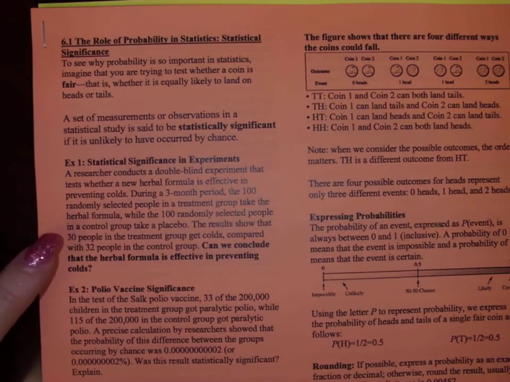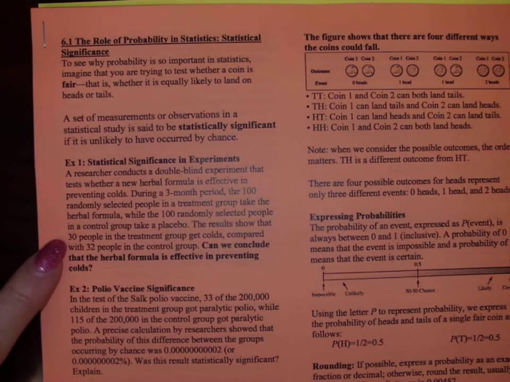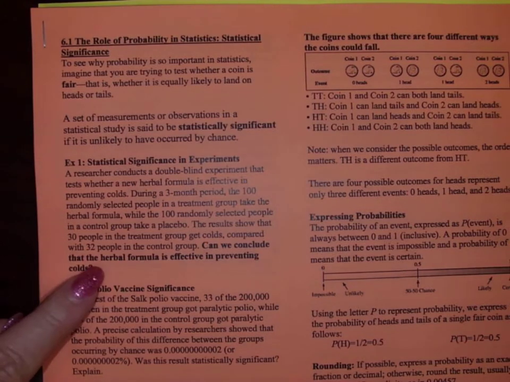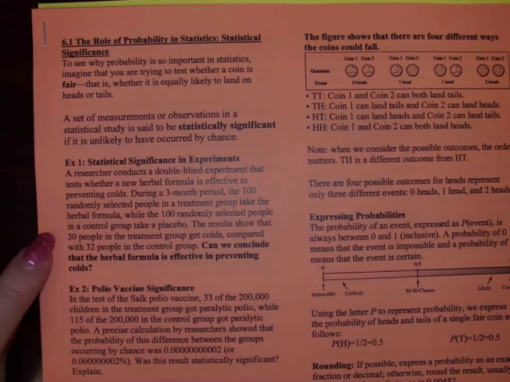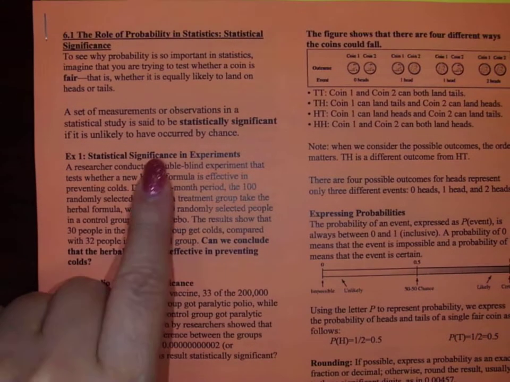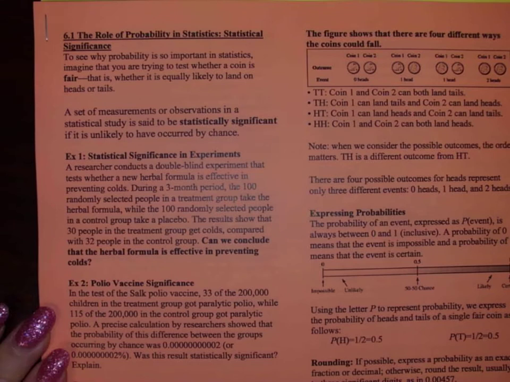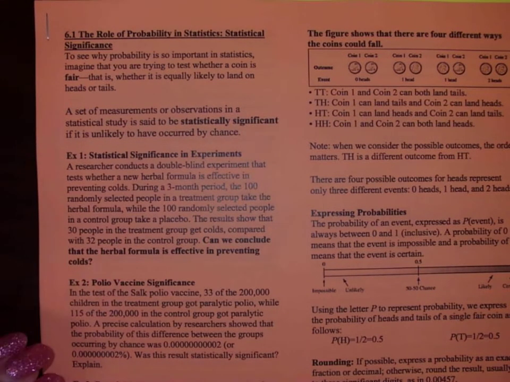Now, if you had maybe 2 people in the treatment group and 32 people in the control group, then you might say, okay, maybe we need to look at this a little bit more. I would also say that their samples are not that big, right? So this would not be statistically significant.